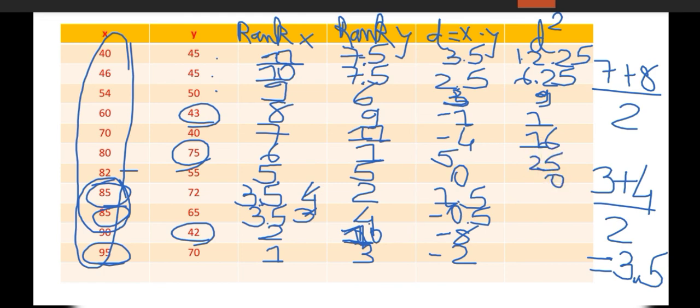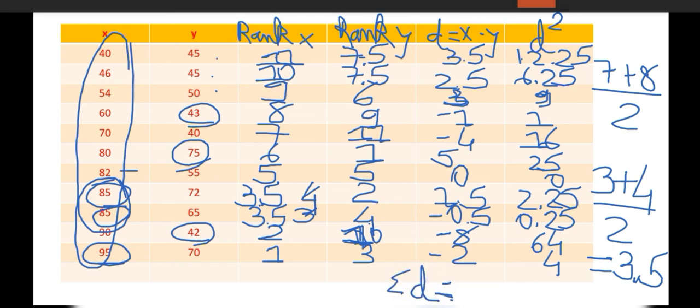Minus 4 squared is 16. 5 squared is 25. 0 squared will be 0. 1.5 squared is 2.25. Minus 0.5 squared will be 0.25. Minus 8 squared will be 64. And minus 2 squared will be 4.